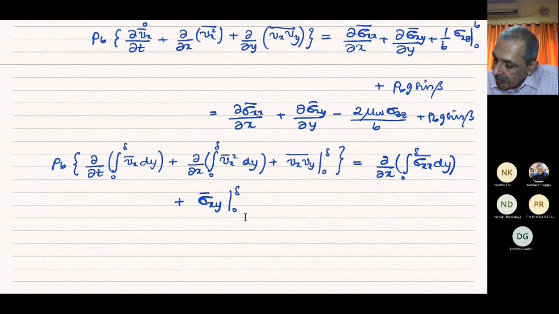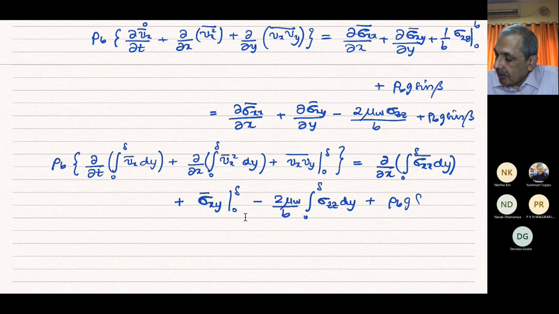And then you have minus 2 mu w by b of integral of sigma zz dy from 0 to delta. And then the last term is a constant, so when you integrate it with respect to y from 0 to delta, you just get rho b g delta sine of beta.